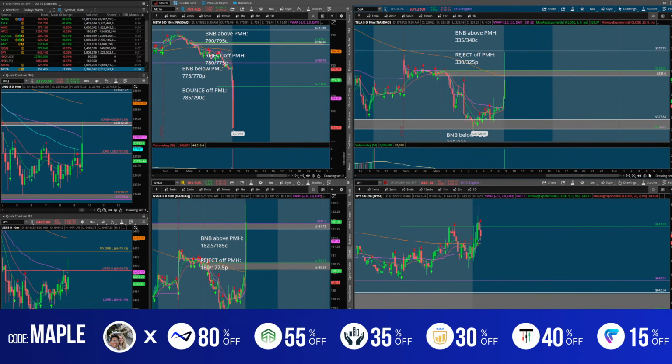Got a minute here. Tesla, look at that pre-market high fake out breakout. Two-minute EMA pullback.